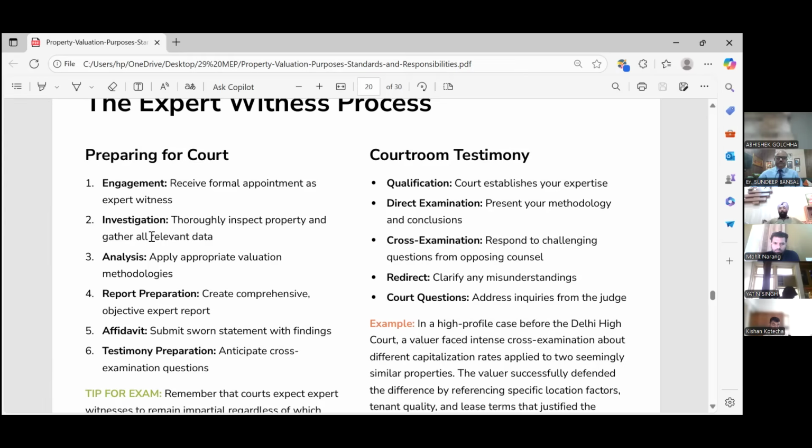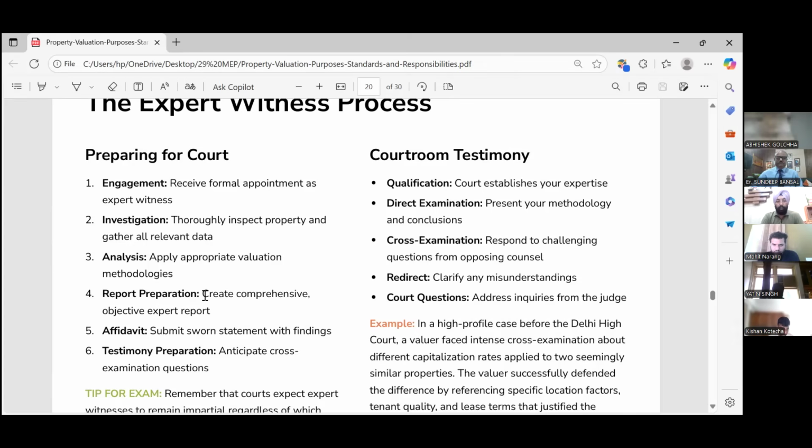And then you will thoroughly inspect the property and gather all the relevant data. Then you will apply the appropriate valuation methodology. You will prepare a comprehensive and objective expert report. And you will submit a sworn statement of findings in an affidavit.